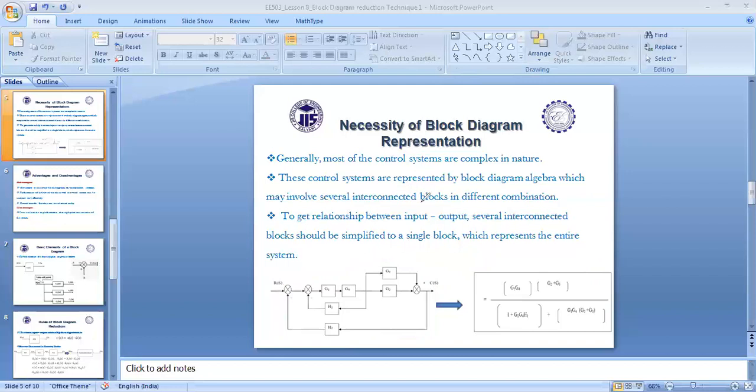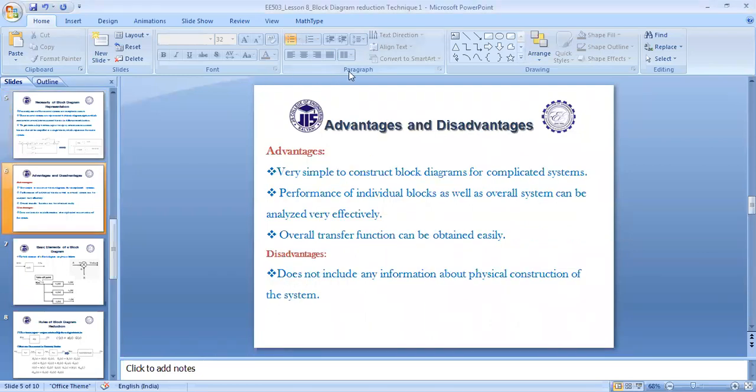So what I have discussed here, all these are mentioned in these points. Now let us move to next slide. What are the advantages and disadvantages of block diagram reduction technique?